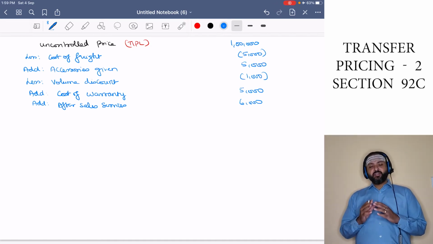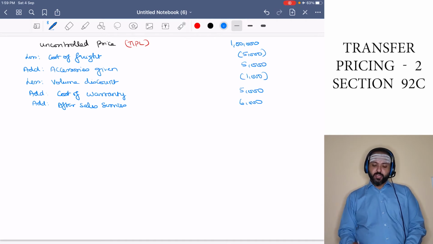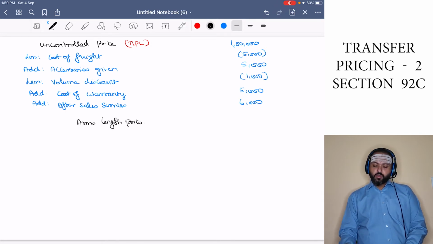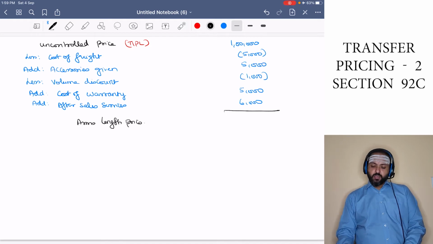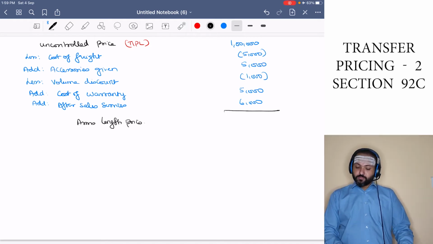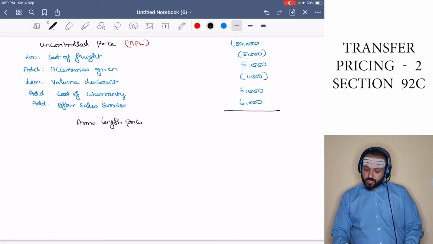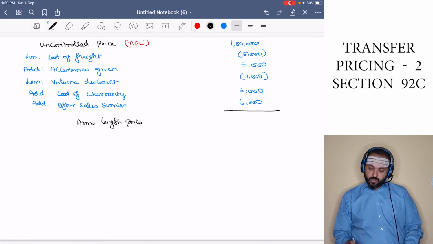So, now that we have taken every single adjustment into consideration, we will arrive at what is called the arm's length price. So, how much is the arm's length price? This is 11 and then this is 10. 1,10,000.